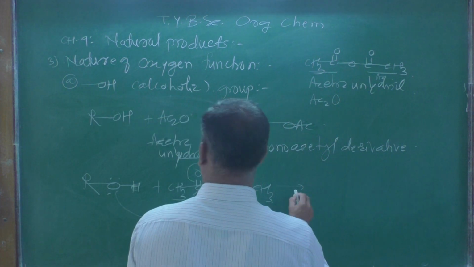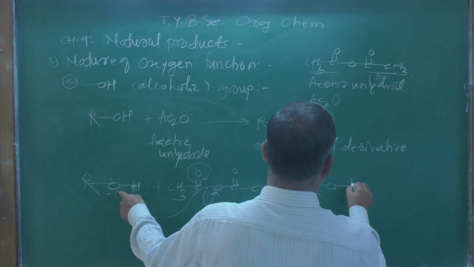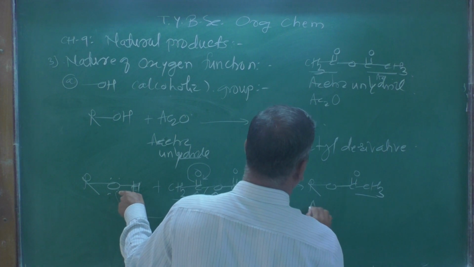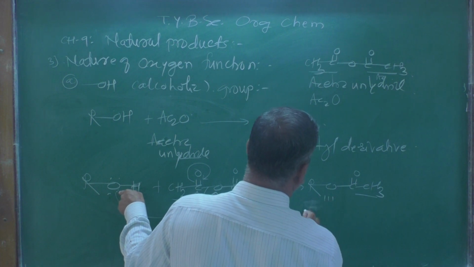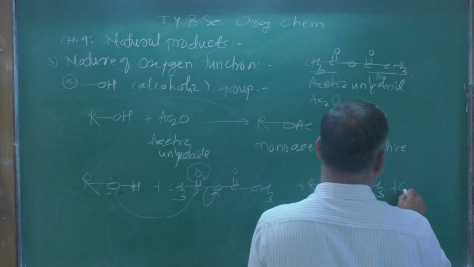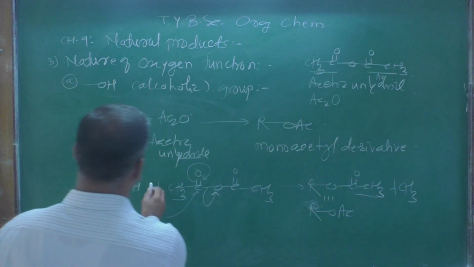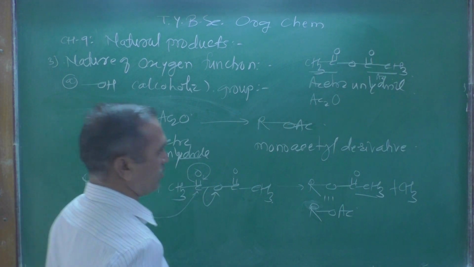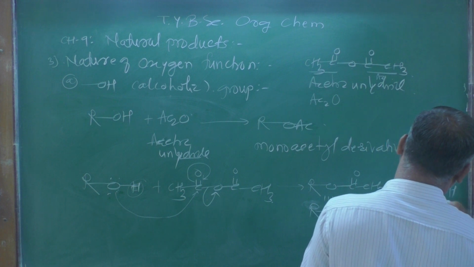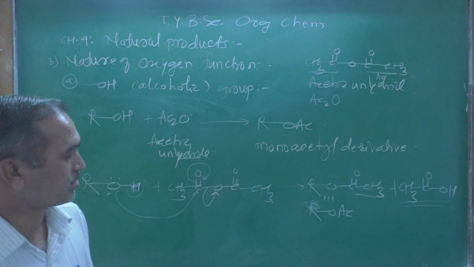The resulting compound is formed as R, this O, then C double bond O, CH3. As we know, CH3 with C double bond O is the acetyl group, so we can write this as ROAc. The side product, one hydrogen departs from here and joins over there, giving the side product acetic acid. That is the general reaction.